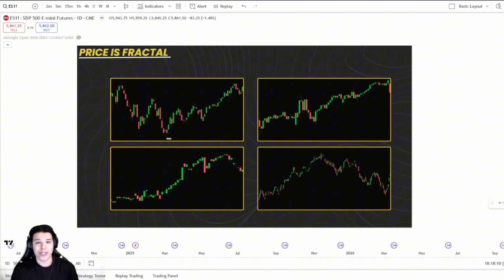The reason we tie this back to price action being fractal is that I have right here in front of you a picture of 4 different time frames. If I asked you to label each of these charts with their correct time frames, none of you would be able to do it, because of that same principle, the fact that price action is fractal. The main point I'm trying to drive home is that there is no such thing as a golden time frame.